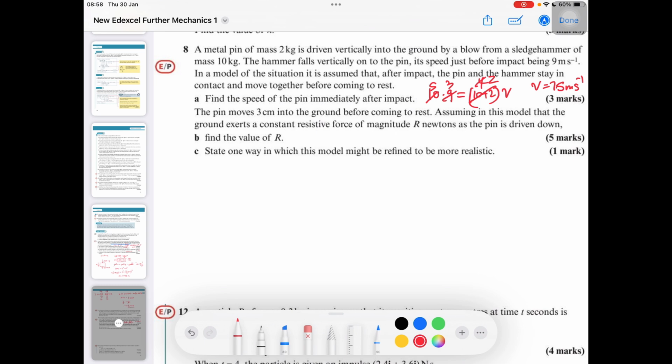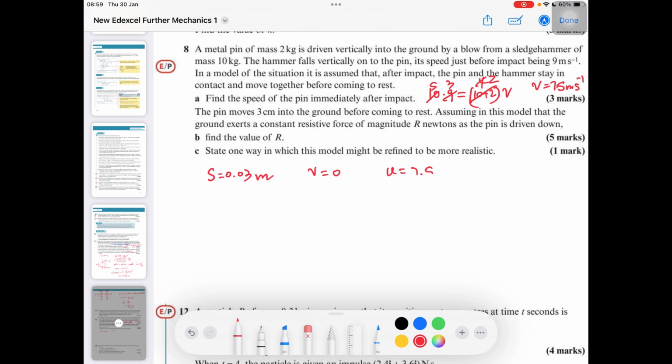And number B, the pin moves 3 centimeters into the ground before coming to rest. 3 centimeters, like s is 0.03 meter. And v is 0 now. u is 7.5. Assuming in this model that the ground exerts a constant resistance force, R Newton, as the pin is driven down, value of R.